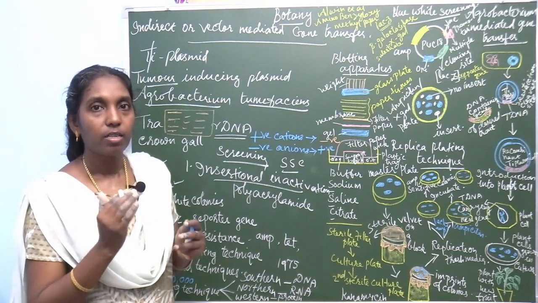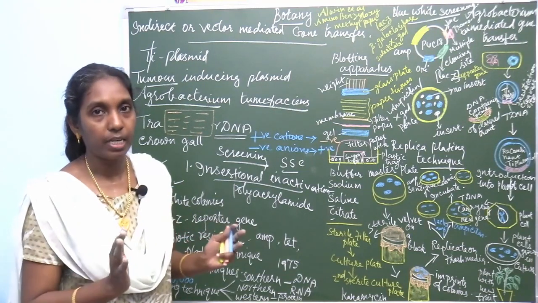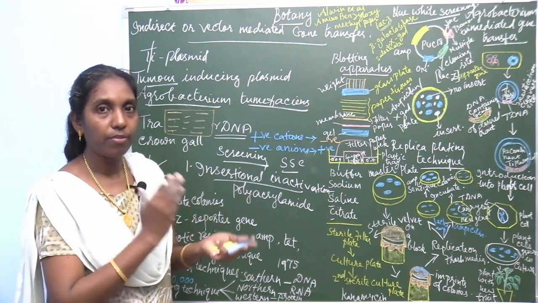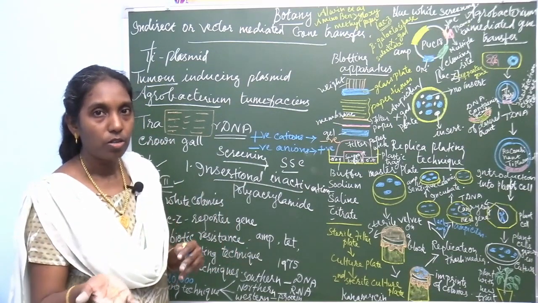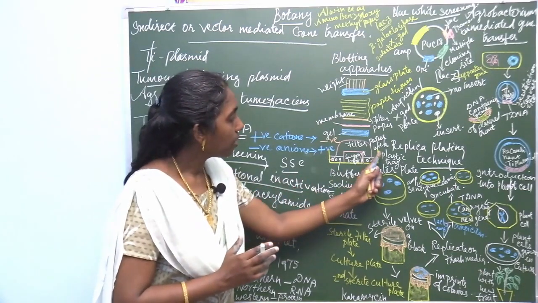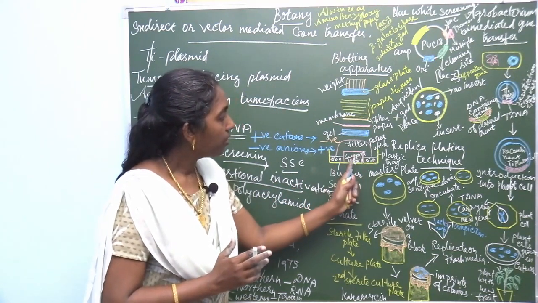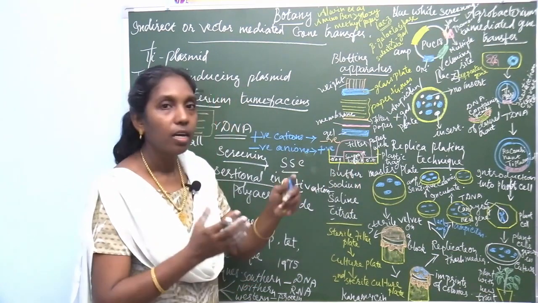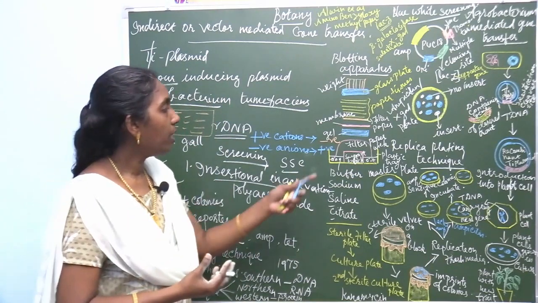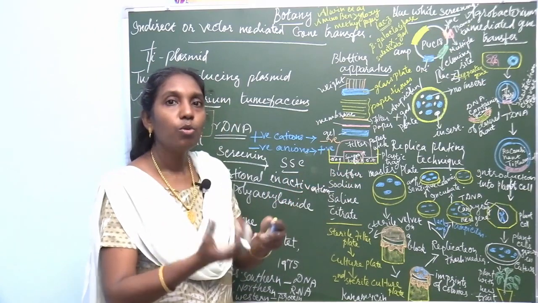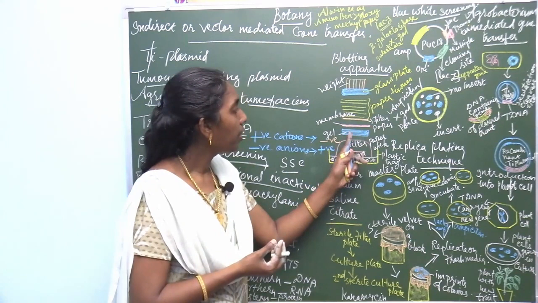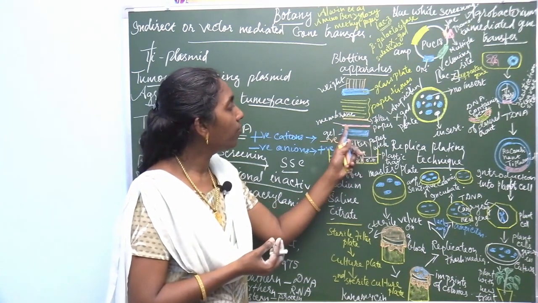What's the function of the buffer? It maintains the pH. So, with capillary action and this buffer, DNA is transferred from agarose gel to nitrocellulose filter paper. Here is the buffer, supported by a block, and the DNA is soluble in the buffer, so through the gel it passes to the filter paper.